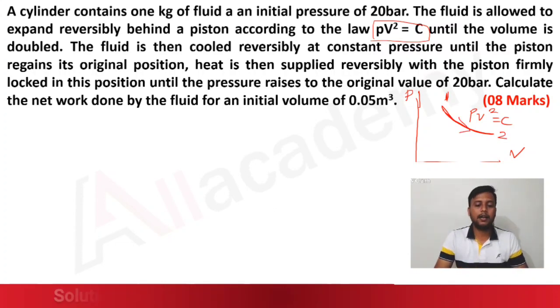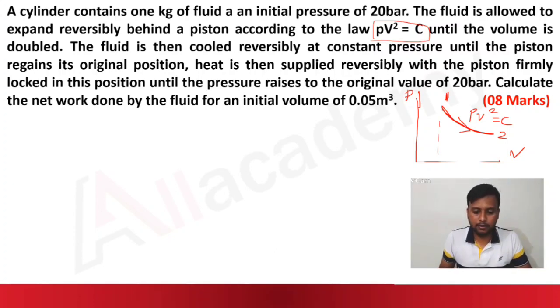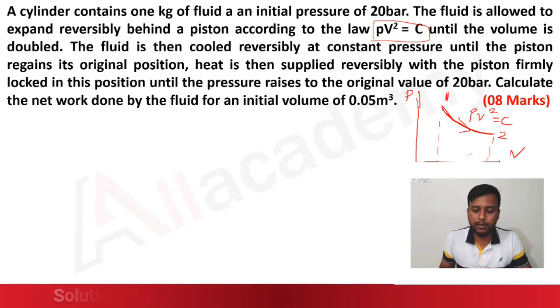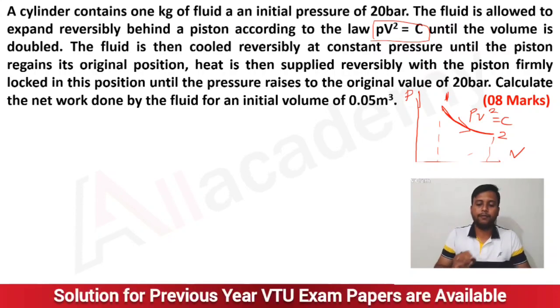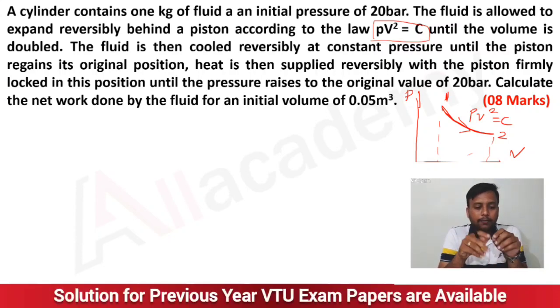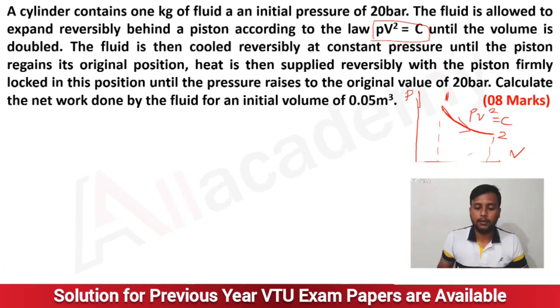He says the volume is doubled, so if I consider this as V1, then V2 is nothing but 2 times V1. Next, the fluid is cooled reversibly at constant pressure until the piston regains its original position. So the next process is a constant pressure process.